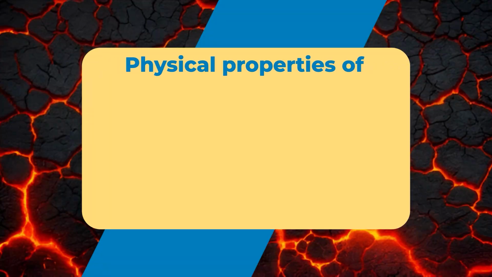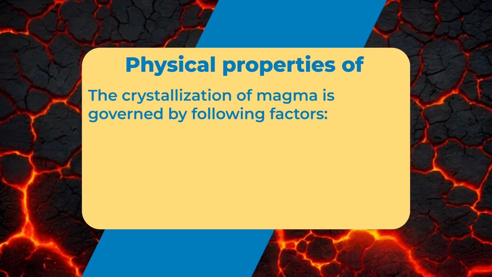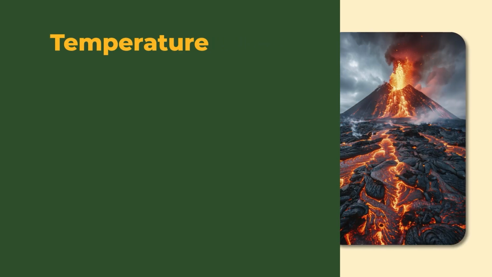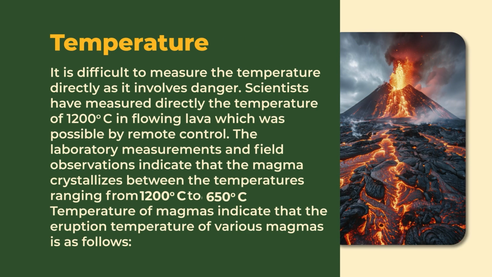Now let us come to the physical properties of magma. The crystallization of magma is governed by the following factors: temperature, viscosity, density, and presence of volatiles or gases. Temperature. It is very difficult to measure the temperature directly because it involves a lot of danger.